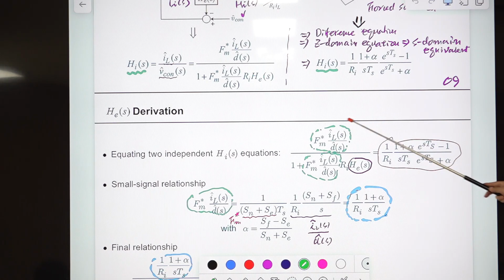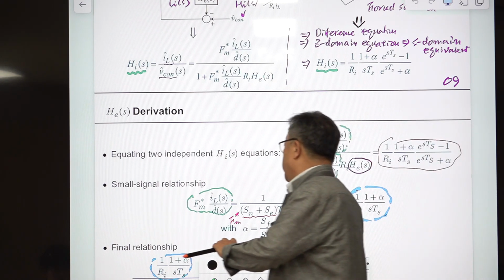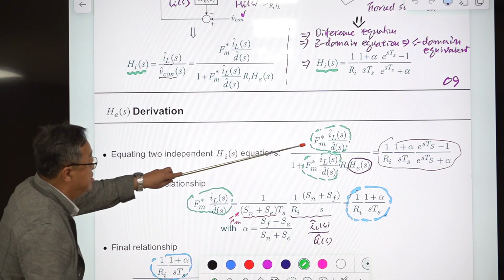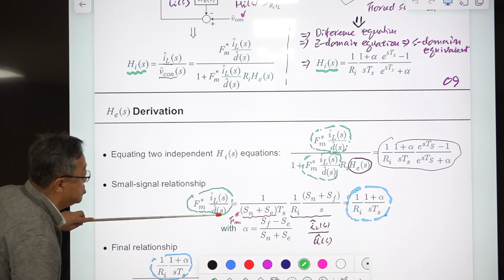So we have this relationship, and there is H_e_s. Then using this equation, we can solve for H_e_s. That is our purpose. We want to identify the expression for H_e_s. That is the purpose of this. So this is the beginning of extracting this expression, and we need some simplification. And this is F_M star times this one.